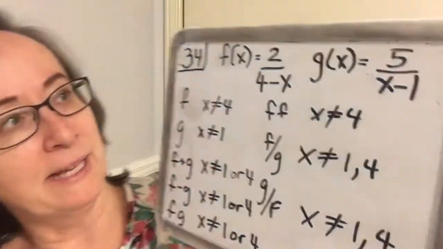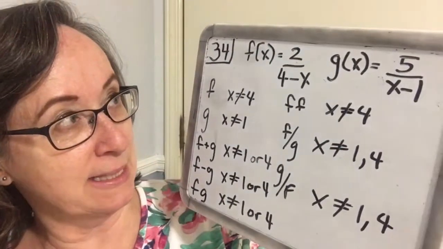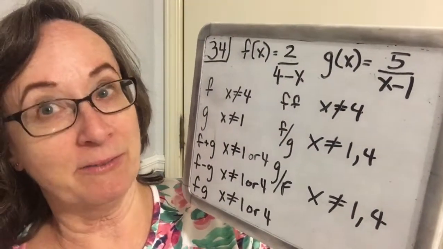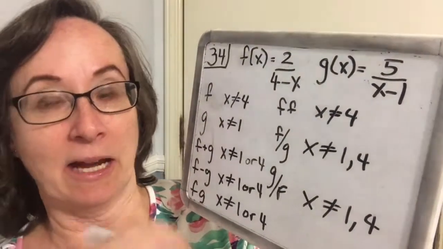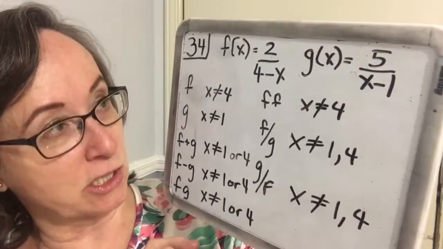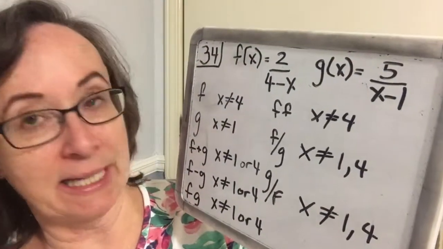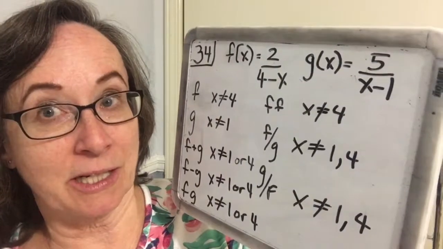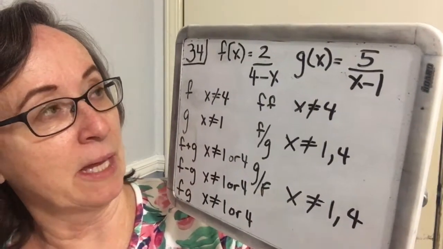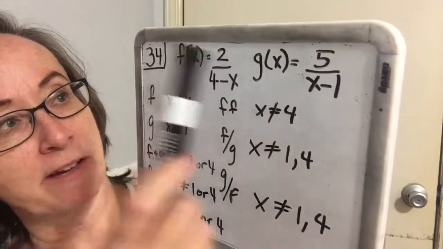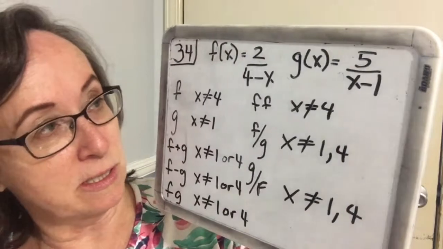All right, so now we're looking at 34. One more problem with domains. Domains are very important when we're talking about functions and the arithmetic or algebra of functions, when we're adding, subtracting, multiplying, dividing. In the next section, we're going to do composition of functions. Very important there also. Okay, so here we have an f function and a g function, which are both what we call rational expressions.